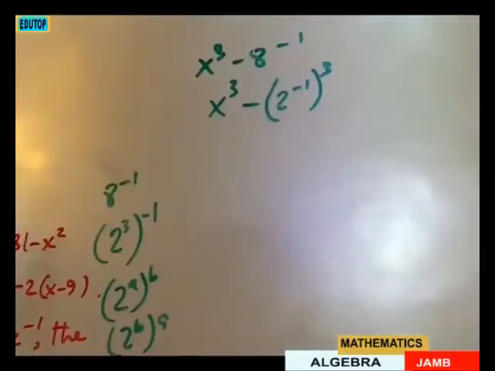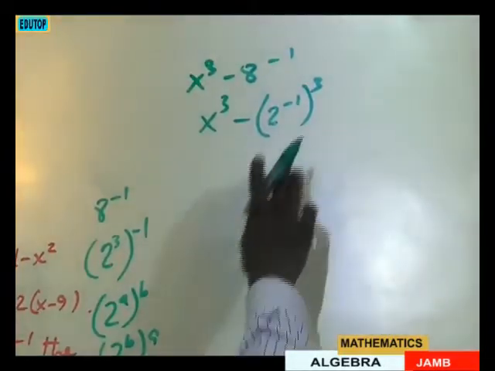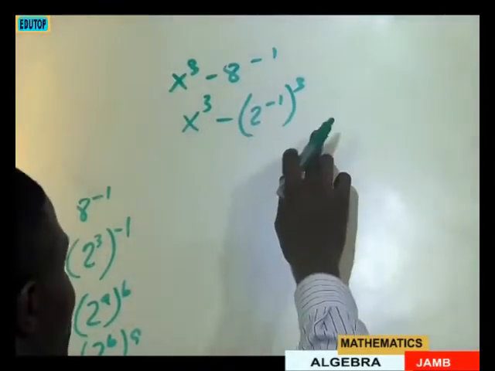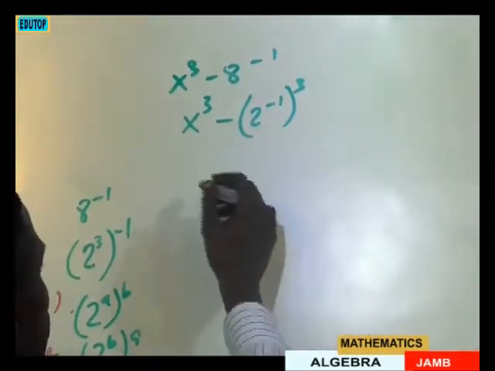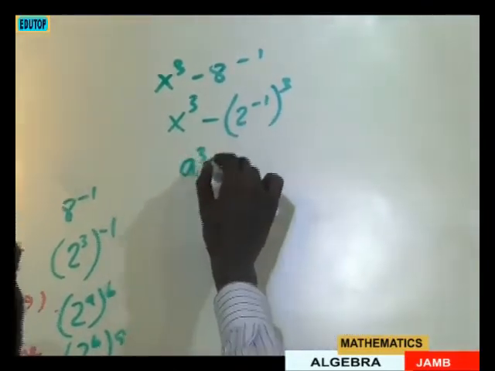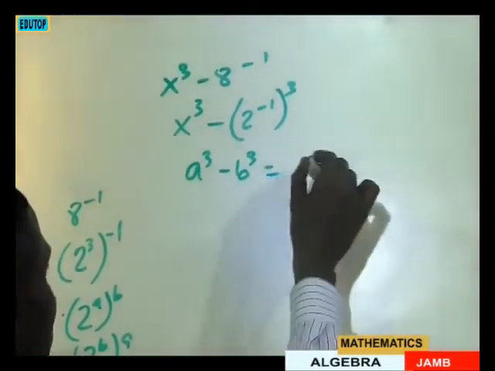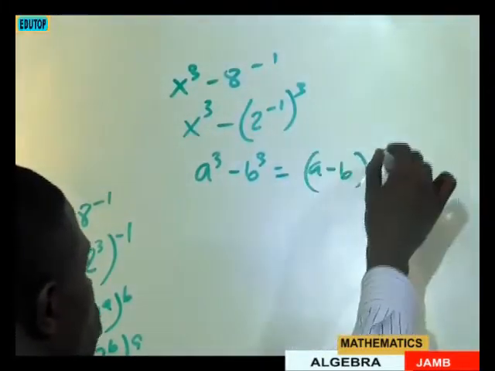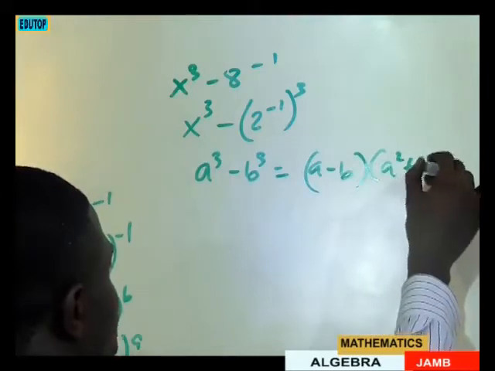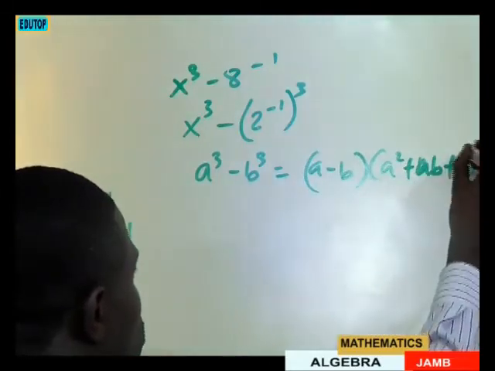So that means here you can have this. And when you have this, automatically this is what? Difference of two cubes. And which is stating that what? A cube minus B cube is the same thing as A minus B into A squared plus AB plus B squared.